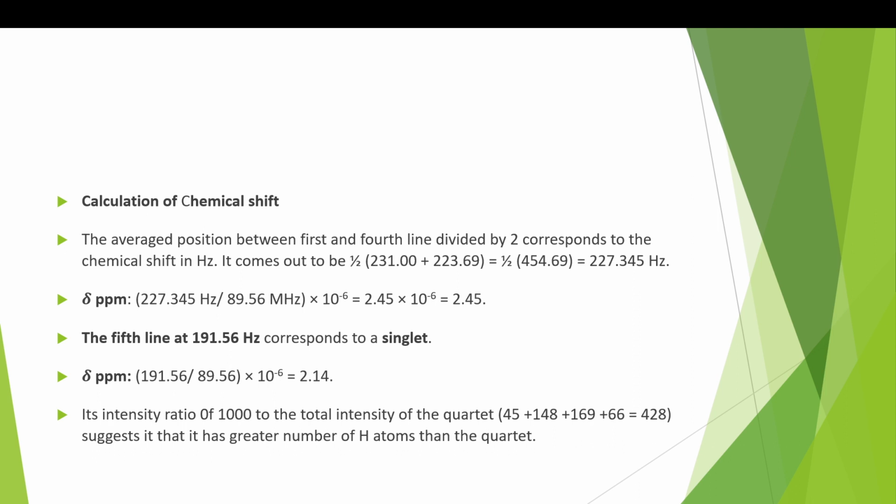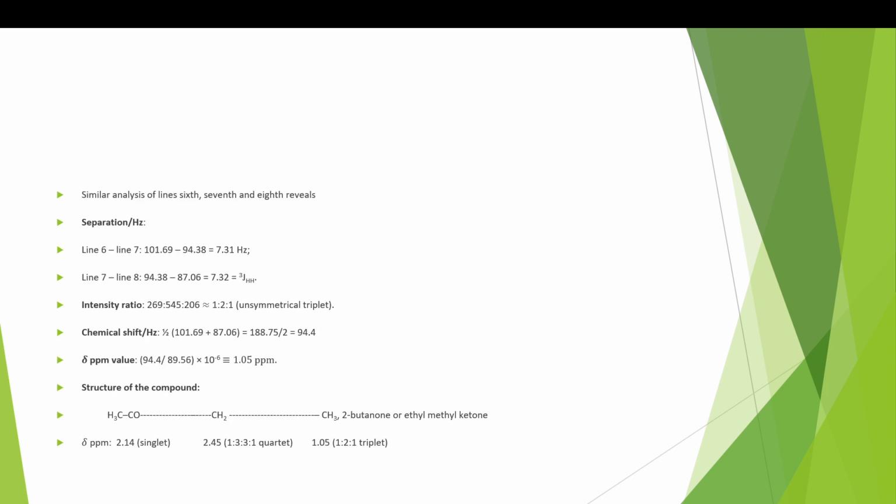How we calculate chemical shift is illustrated here. Delta ppm is obtained by dividing the Hertz value by the spectrometer frequency. This compound is 2-butanone.